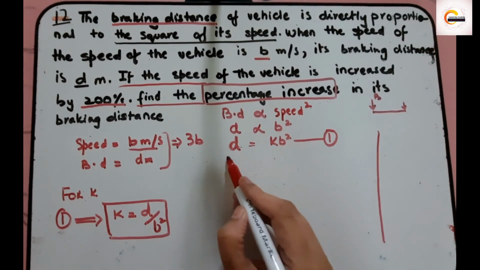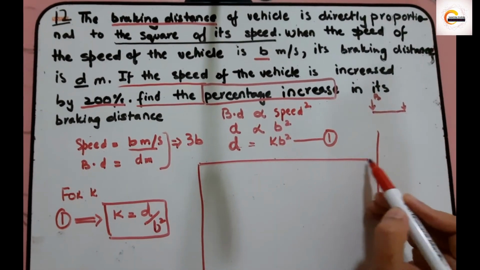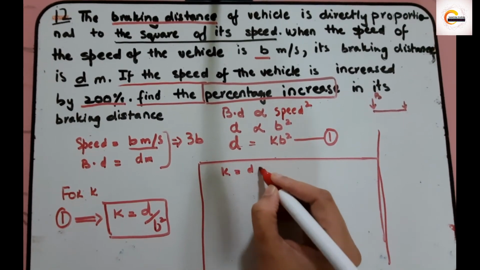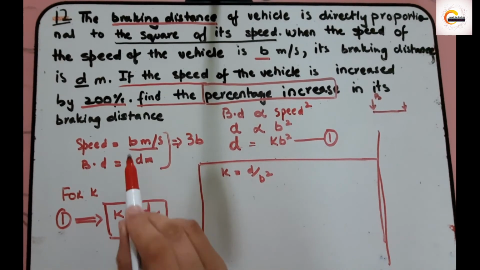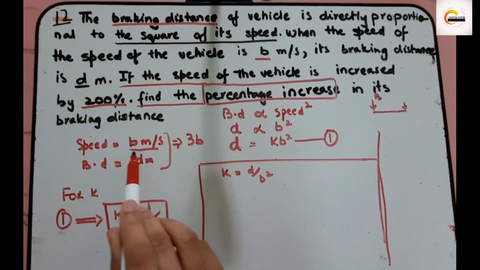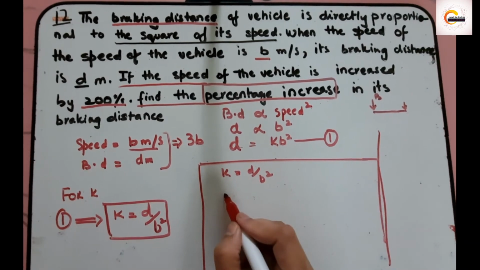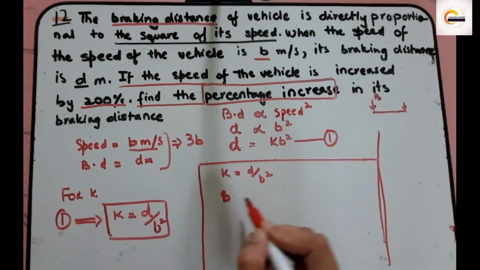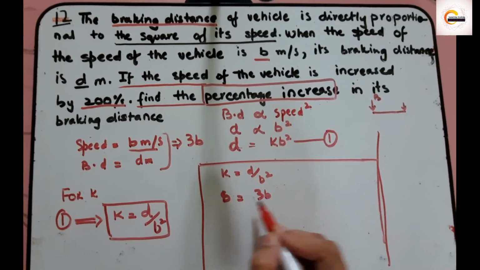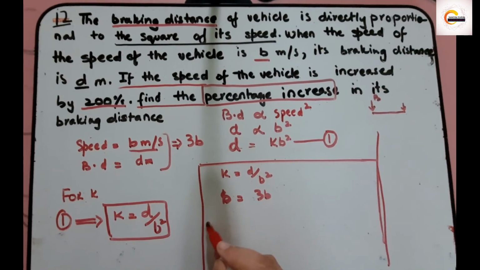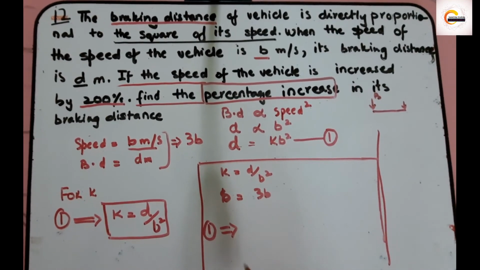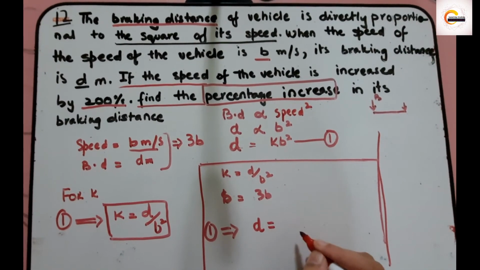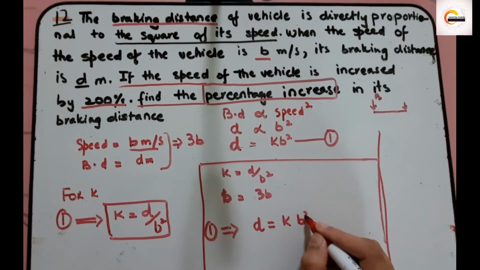Now for the next part of our question, we know the value of k is d upon b square, and a 200% increase in the value of b will be 3b, right? Now I'm going to put these values in our formula, and we will get the answer. D is equal to k b square.